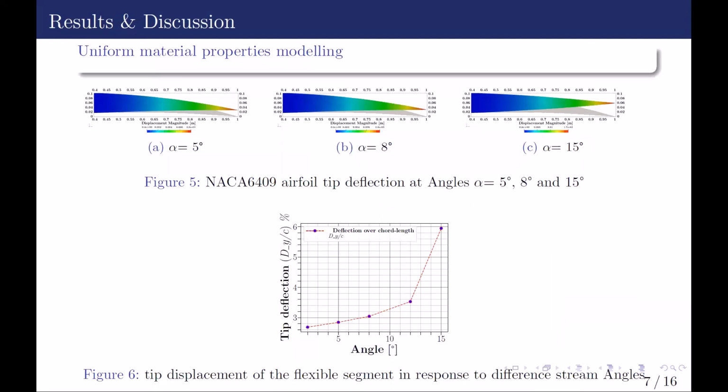First, in this work we are not modeling 100% of the chord length of the wing, but only the 60% of the trailing edge.